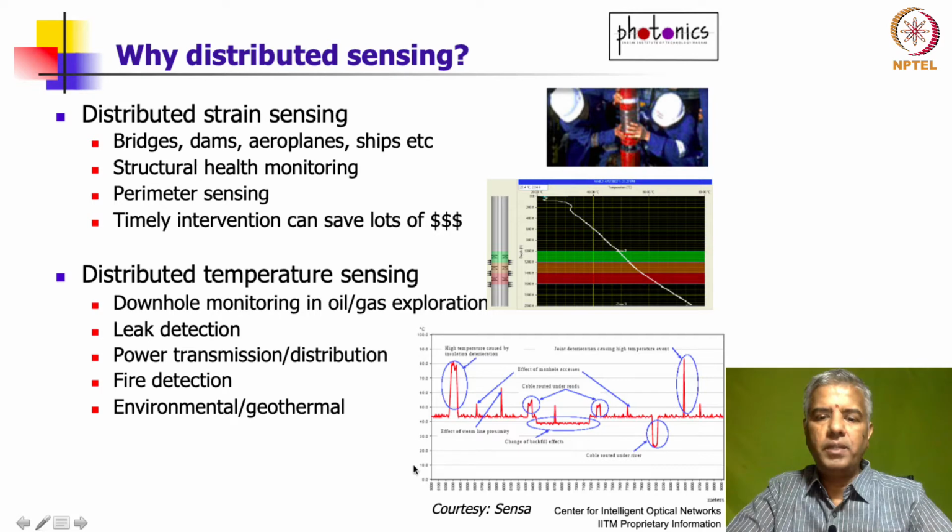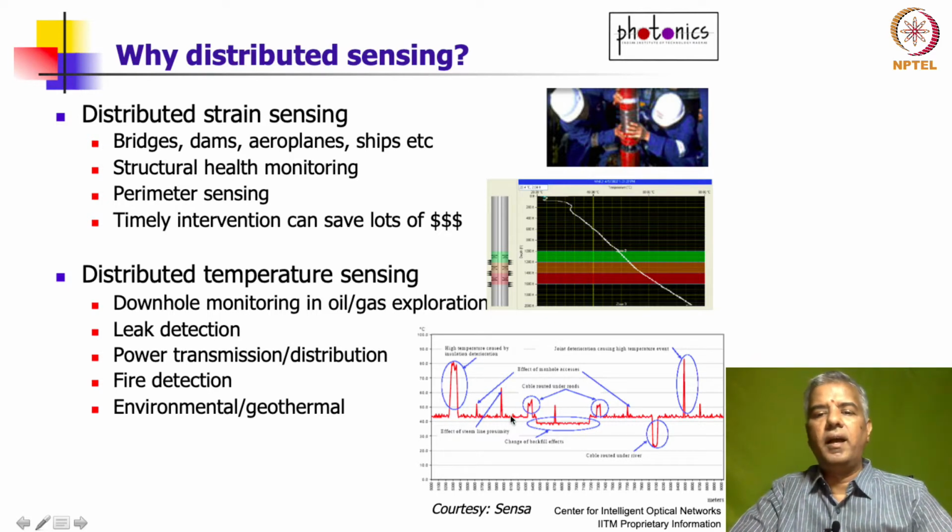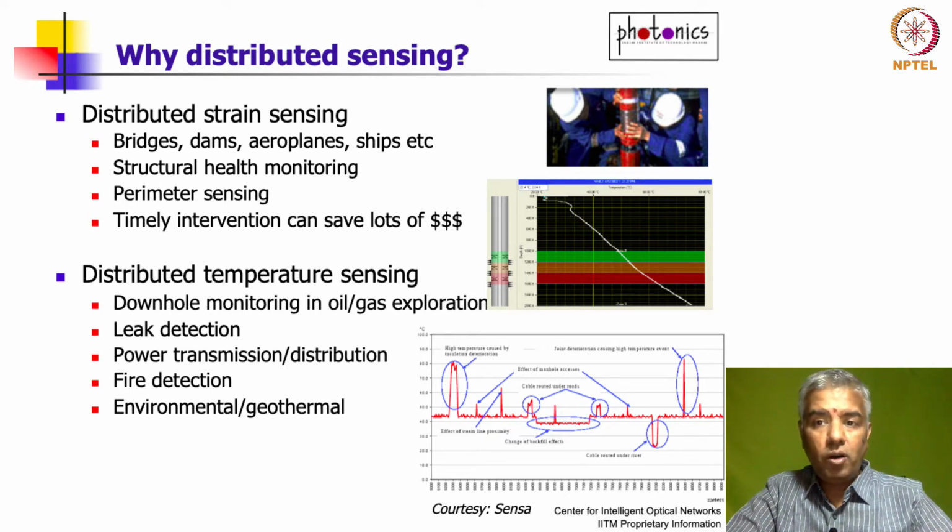This is actually temperature as a function of distance, and you know that whenever you are transmitting power through an electrical cable, due to Joule heating, you will end up having a rise in temperature. So you expect the temperature to rise to a certain level, but then you may see things like this, these spikes over here, which are indicating that there may be some faults in the power cable.